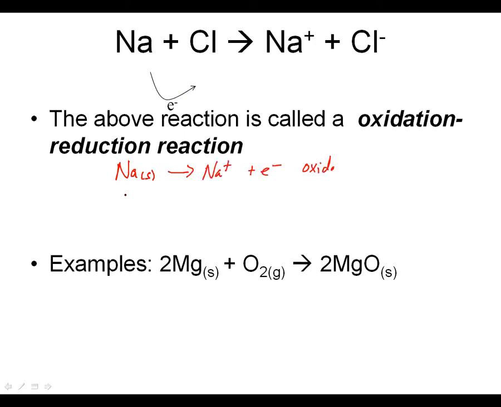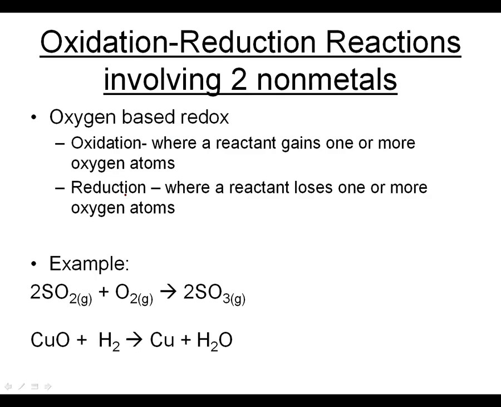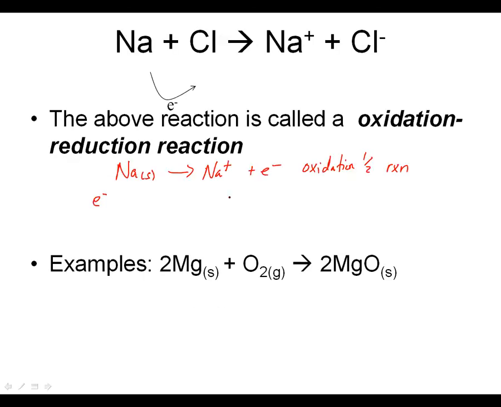Chlorine, on the other hand, is picking up an electron and becoming 2Cl minus.